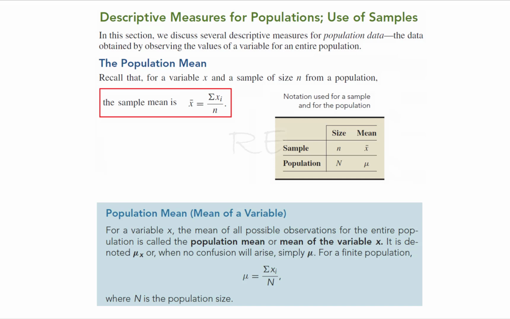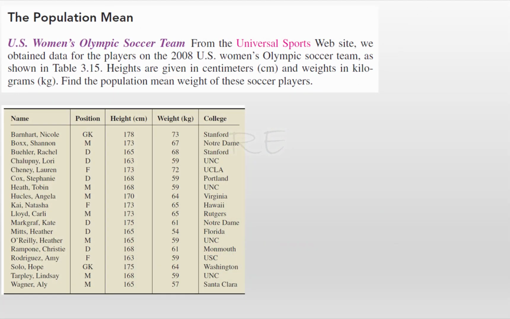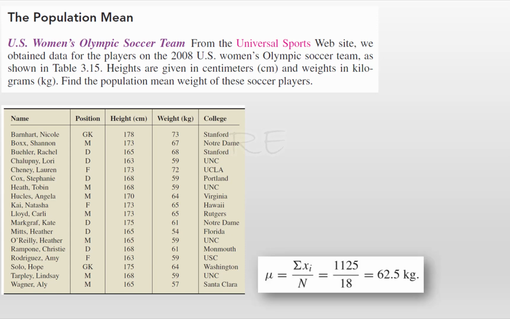Similarly, for the population mean, also called the mean of a variable, mu, the mean will be equal to the sum of all the observations xi divided by capital N, which represents the population size. For this problem, the mean mu will be equal to the sum of xi divided by n.